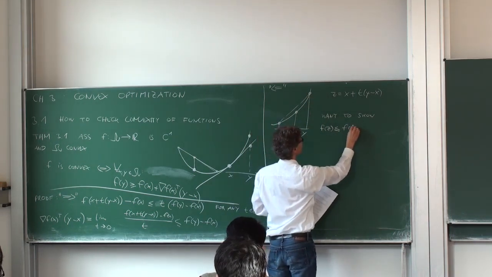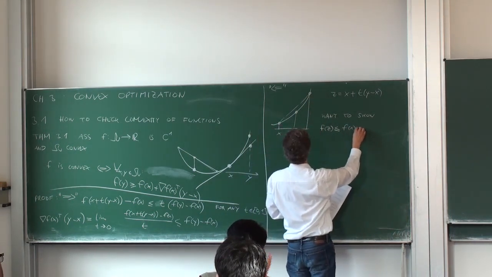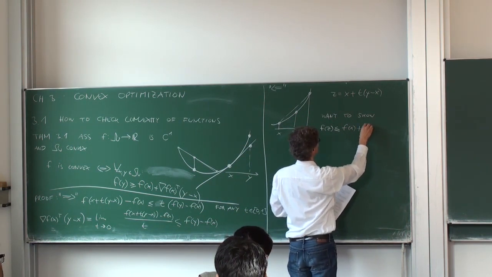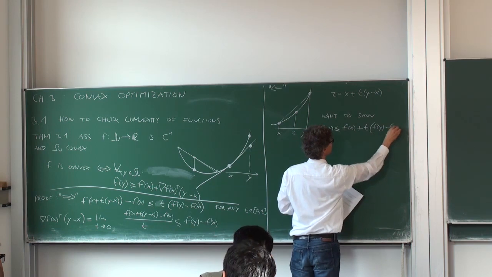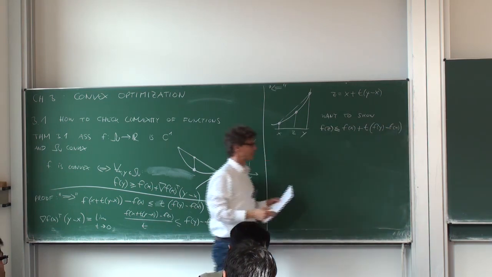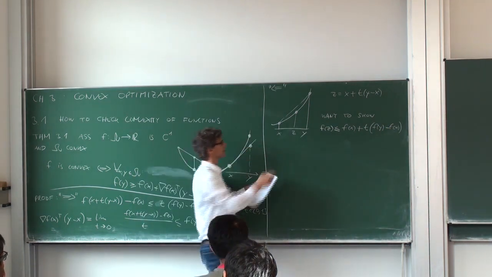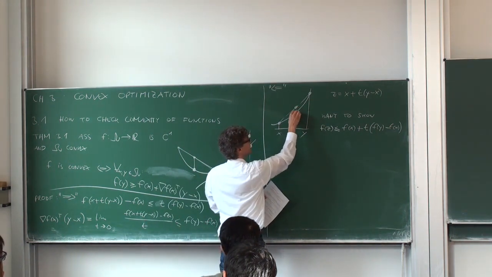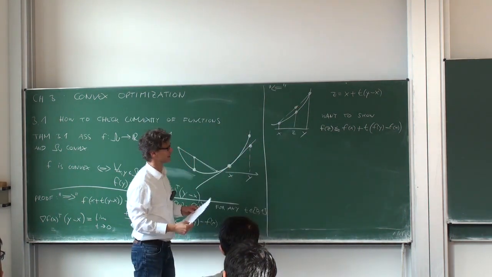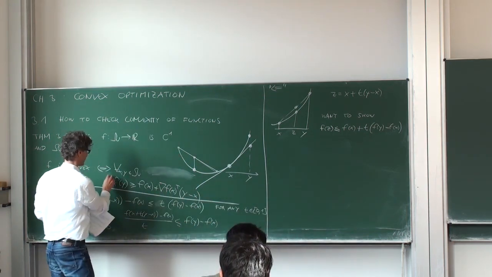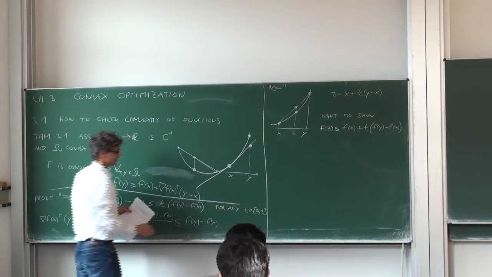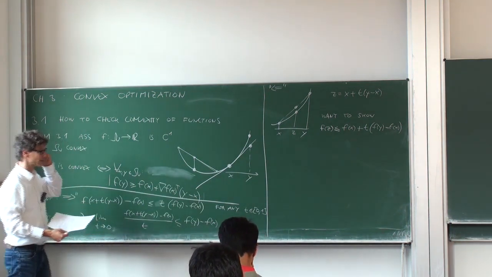So f of x plus t times (f of y minus f of x). That's what we want to show. Yeah? So that is this linear interpolation between the two function values, and that's what we want to show. And the only thing that we can assume is this tangent inequality, and of course that the function is differentiable.